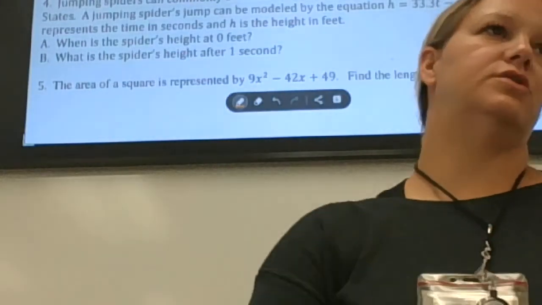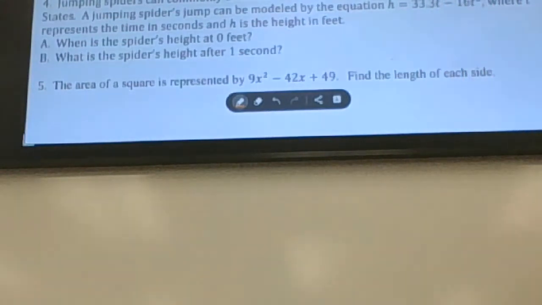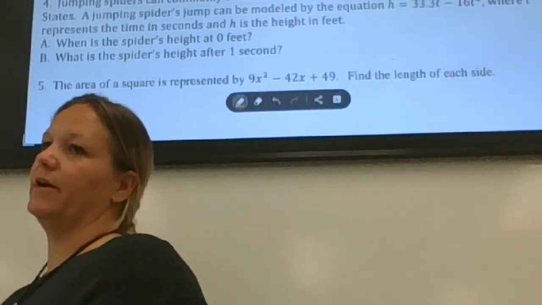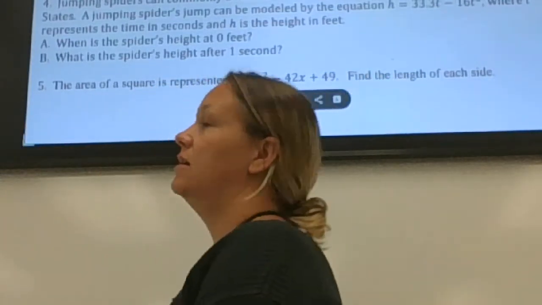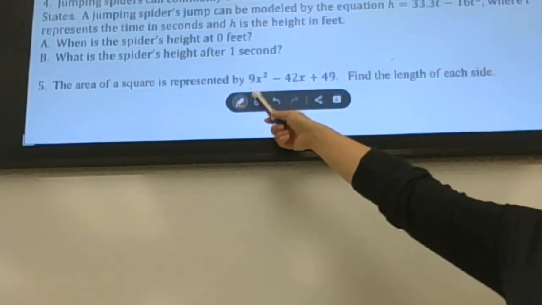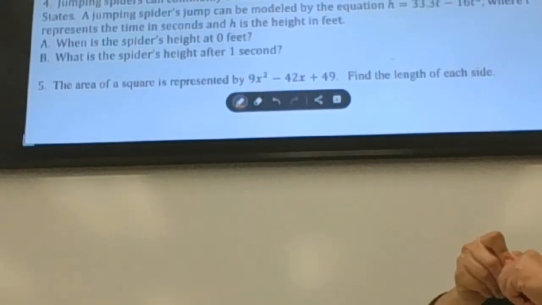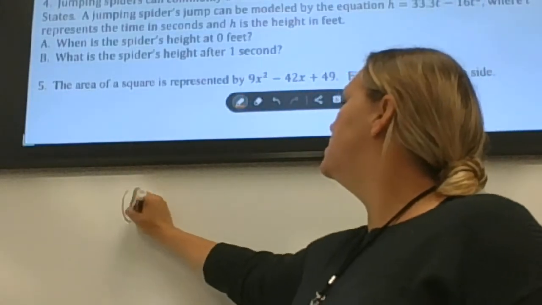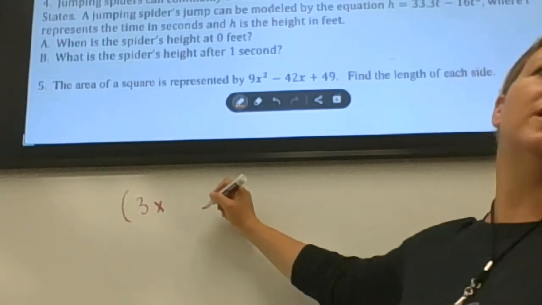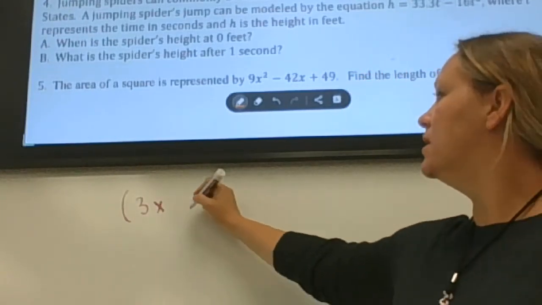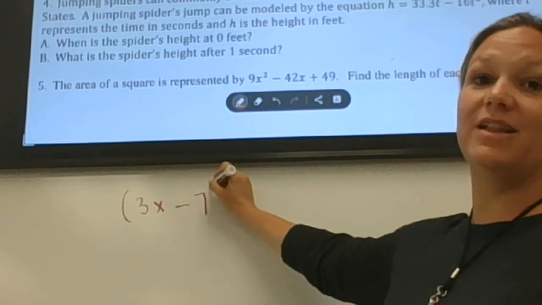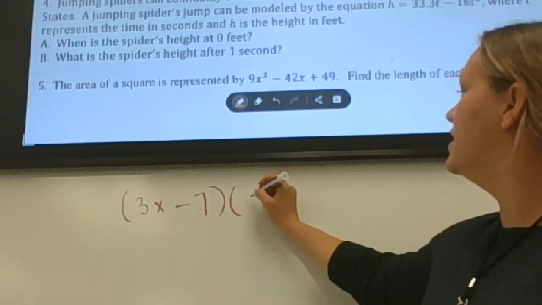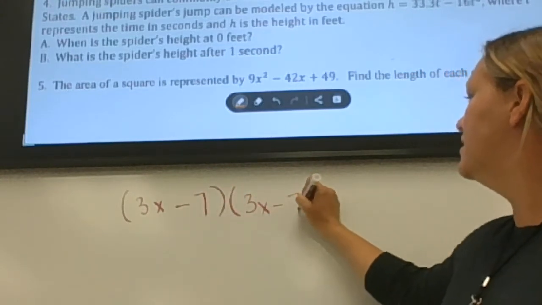You just need to solve it. This can be factored. I could factor it by recognizing the perfect squares. 9 has a square root, and so does 49. So I could square root 9 and get 3, and square root 49 and get 7.